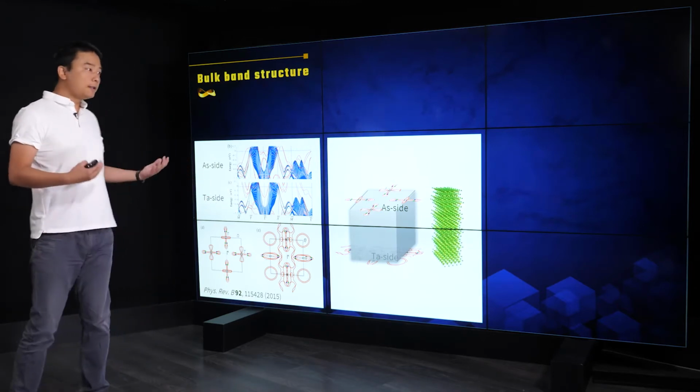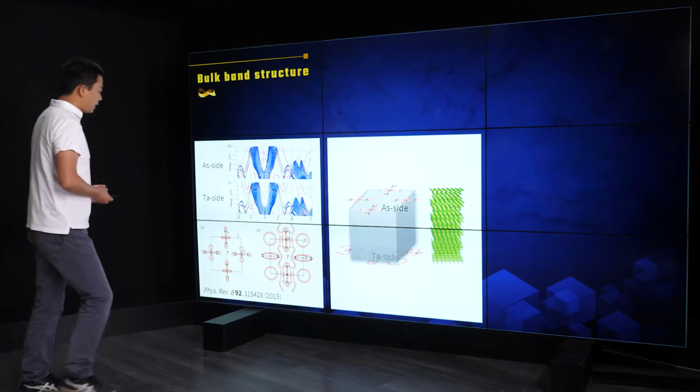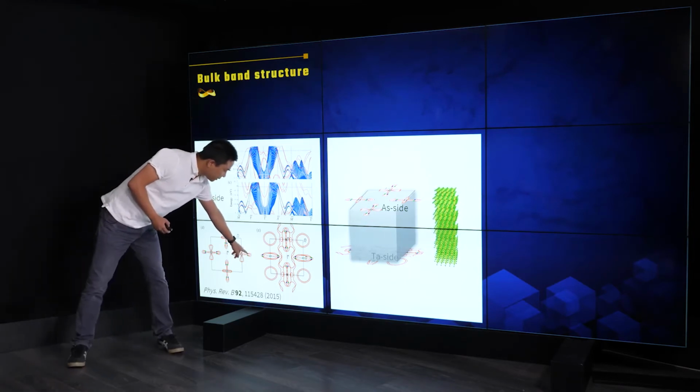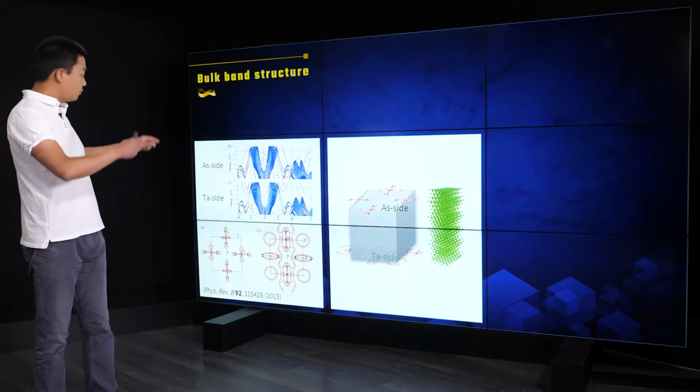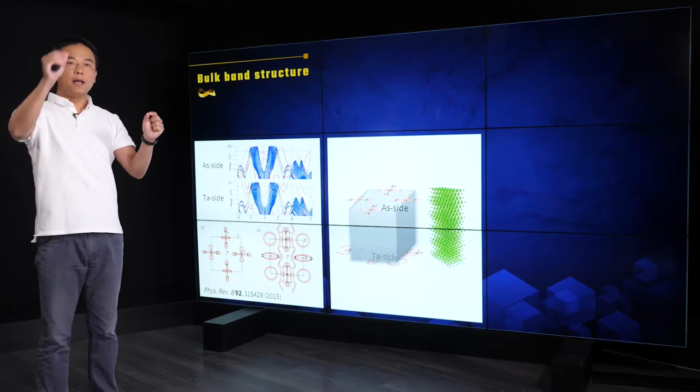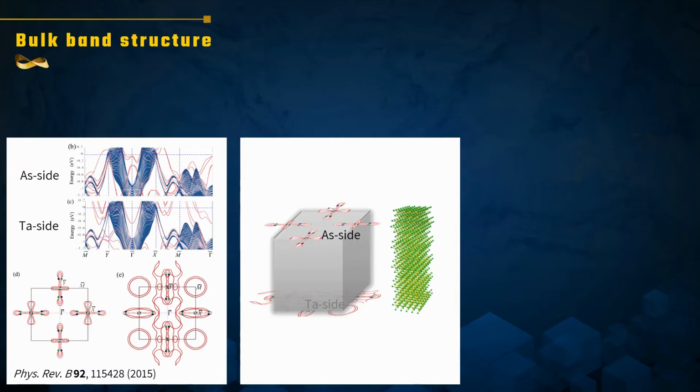Actually here, where is the Fermi arc? Where is the topology? Here is the Fermi arc, this spoon shape. This Fermi arc connects these Weyl points, starting from one and ending at the other. These two have opposite chirality. They start from one monopole and end at this opposite monopole.